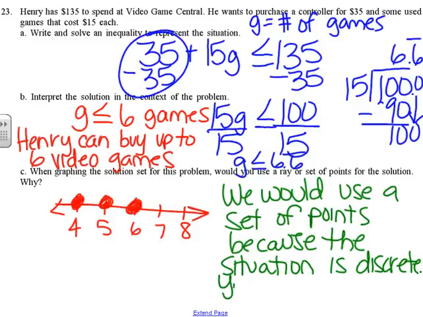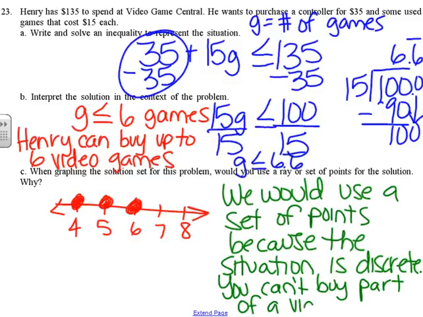And then we can also add, you can't buy part of a video game. So that's what makes it discrete and why we would have points instead of a ray.